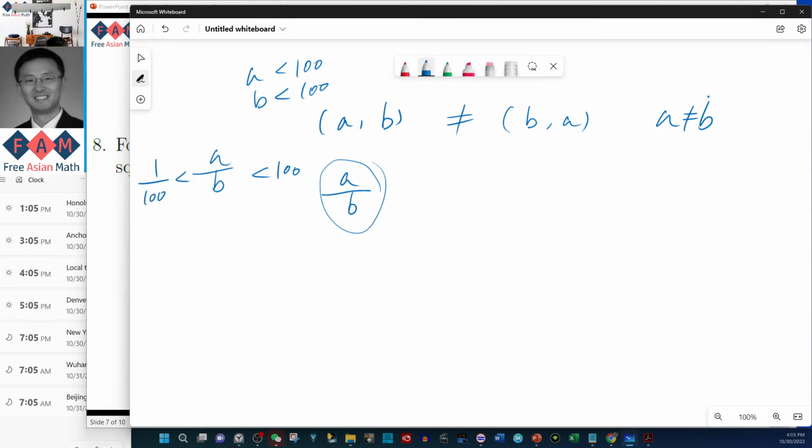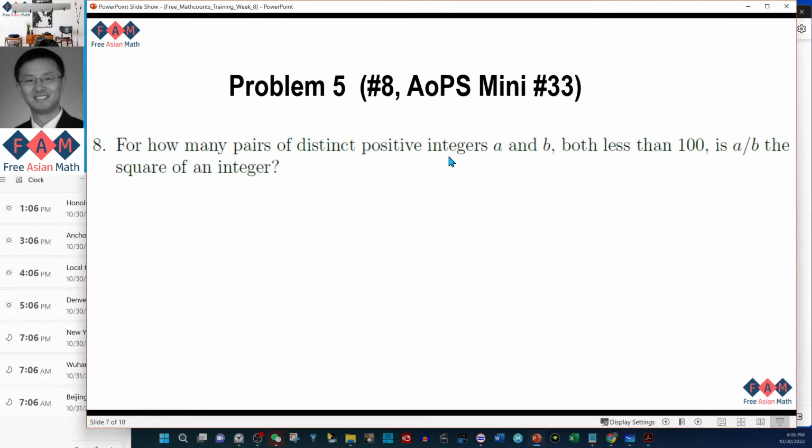Let's say a is 1 and b is 99, so 1/99, that's as small as you can go. But we don't care about any true fraction, because we want to make sure this is an integer, and not just an integer, it's a perfect square integer.